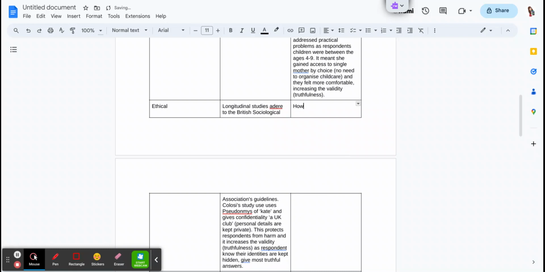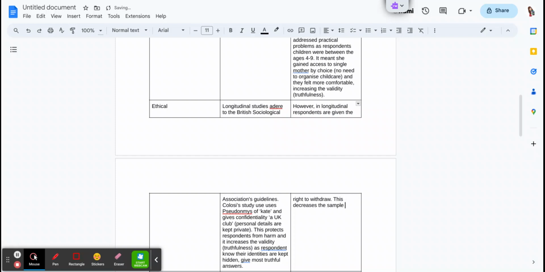However, in longitudinal, as with all studies to be honest, respondents are given the right to withdraw. Everyone has to give them the right to withdraw.